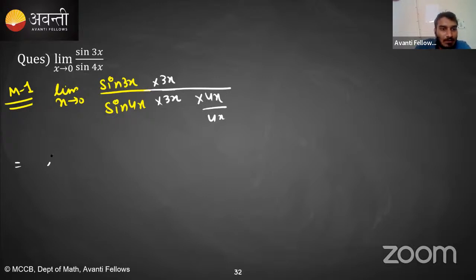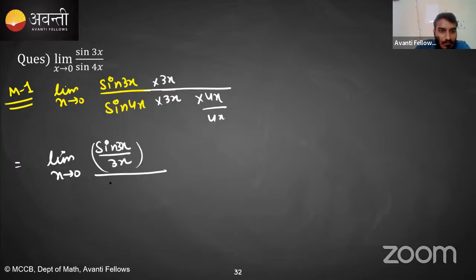So it is written as the limit as x tends to 0 of sine 3x upon 3x divided by sine 4x upon 4x, into 3 by 4.